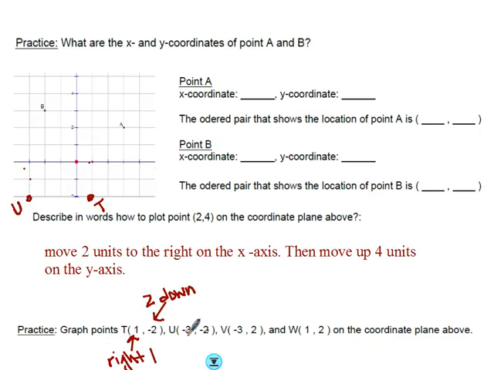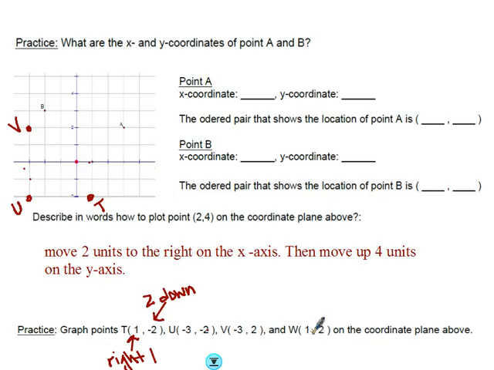Again, the x-coordinate tells you whether to move to the right or to the left. That's why if it's negative, you move to the left. For the next one, the x-coordinate again is negative, so you're going to move left 3 units. So you're starting here again. This time the y-coordinate is positive 2, so you're going to move up 2. And your point will be here, and you're going to label that as point V.